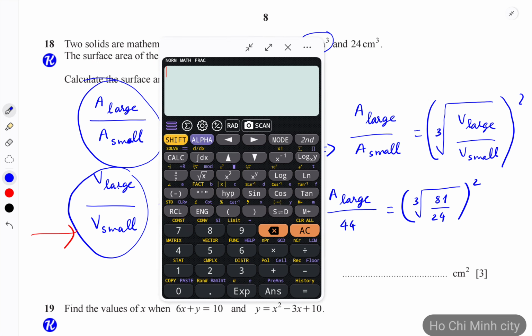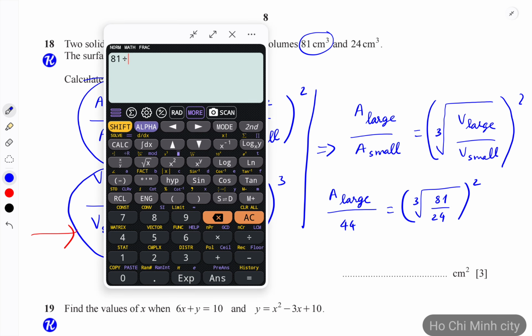All right, so it's time to use a calculator. 81 divided by 24, then cube root, and then square, and we have 9 over 4. That means the area of the larger one is going to be 9 over 4 times 44. That is 99 square centimeters.